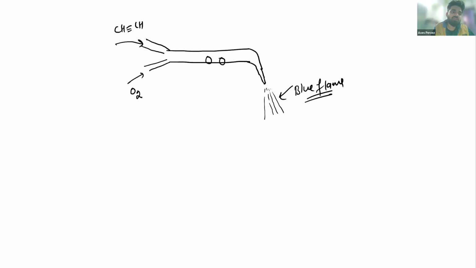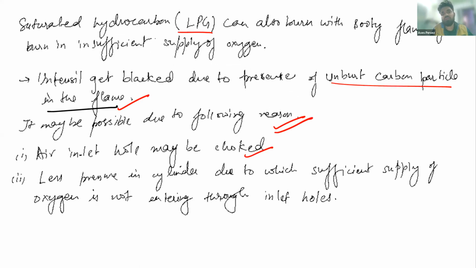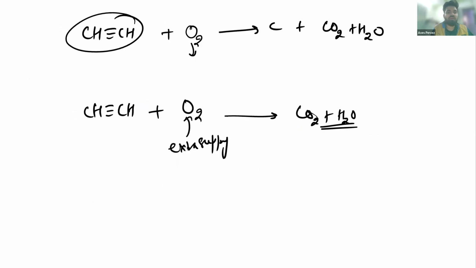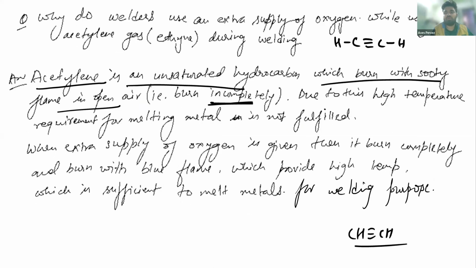So please note down this question: why do welders use an extra supply of oxygen when burning acetylene gas during welding? This is the reason: acetylene is an unsaturated hydrocarbon which burns with a sooty flame. Sooty flame means red-yellow flame. What is the reason for the red-yellow flame? Can anybody in the class tell me?